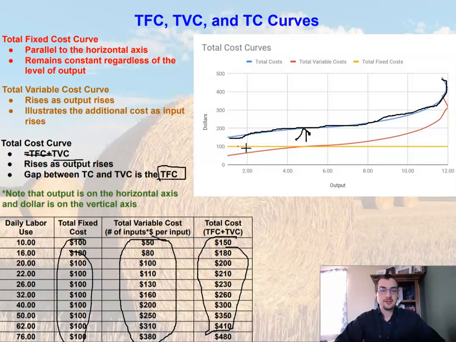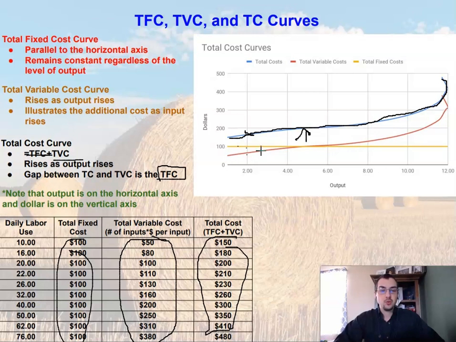So if we were to stop and think about it at 2 units of output, we have this cost plus this cost equals this cost right here. And because of that, it's going to be parallel to the total variable cost curve, and it's going to rise as output rises, because your total variable cost curve is rising. Your total cost curve will rise in the same way.